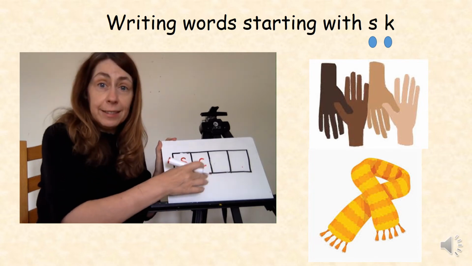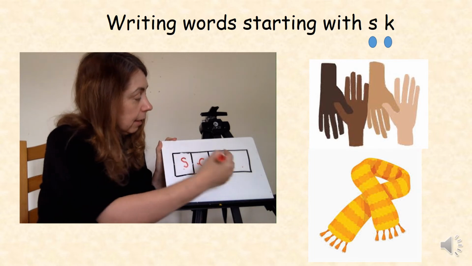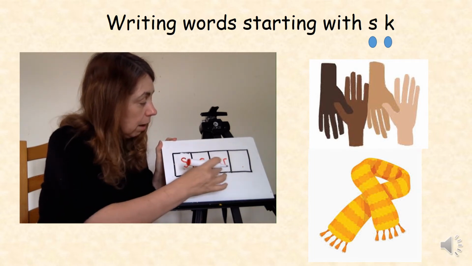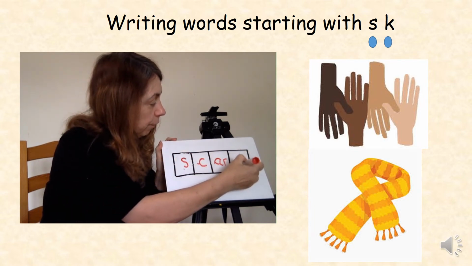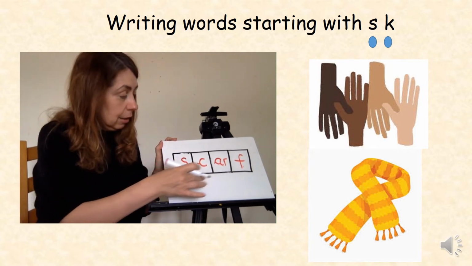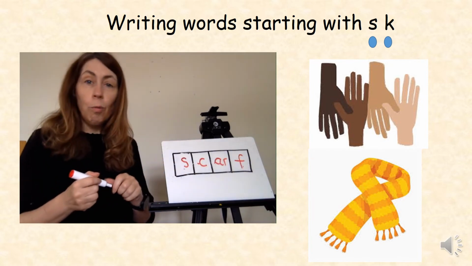Oh, I know that's a C that I need to write now. S, C, R, R. That's a digraph. Scarf. Let's blend it together. Sk, R, scarf. Well done, everyone.